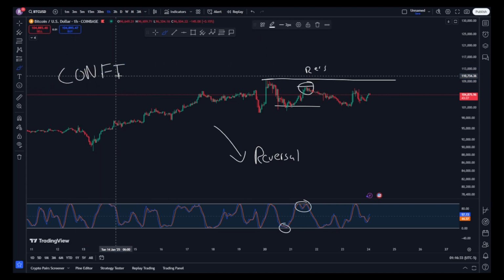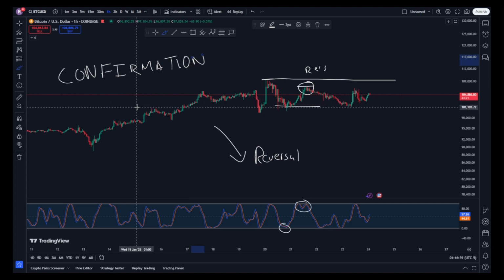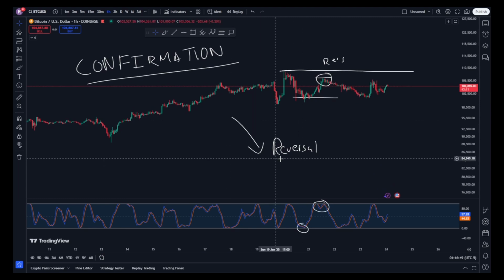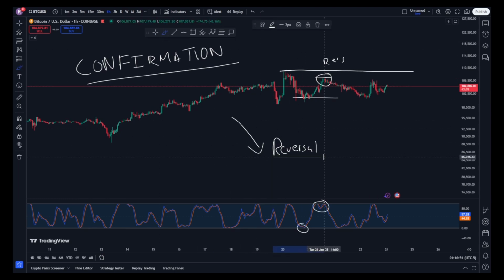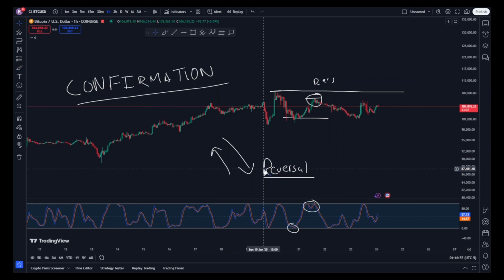At the end of the day, you cannot trade based off of a lagging indicator. You need to use it as confirmation rather than an entry or exit point, because all it's telling you is that a reversal is going to come, whether in the positive direction or the negative direction. That's all it's showing you.